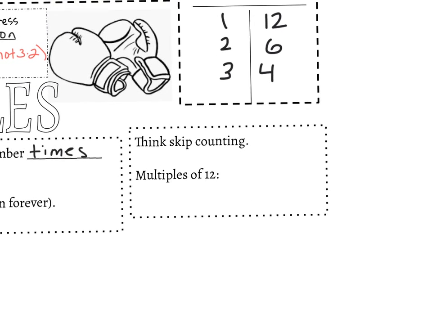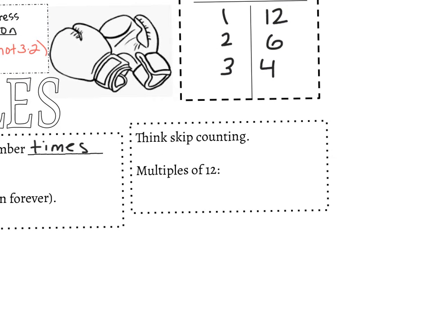So the other thing I want you to think about with multiples is skip counting, right? So multiples of 12, the first one is going to be 12 times 1, which is 12. Then if you counted by 12, the next one would be 24, which is 12 times 2. Count by 12s, the next one would be 36.